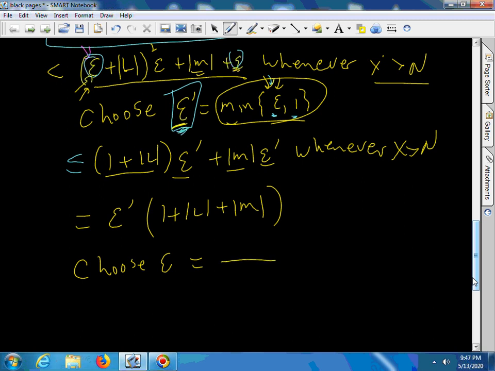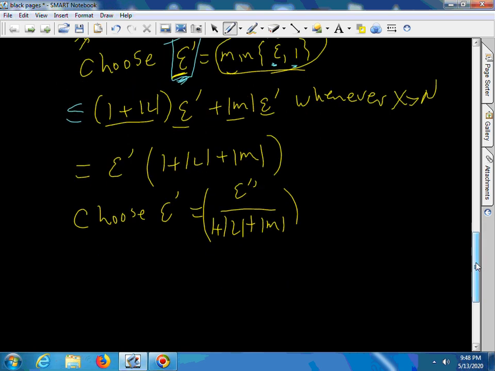We definitely want this. Okay, so if I define epsilon prime to be epsilon double prime over 1 plus, okay, because it's for any epsilon.